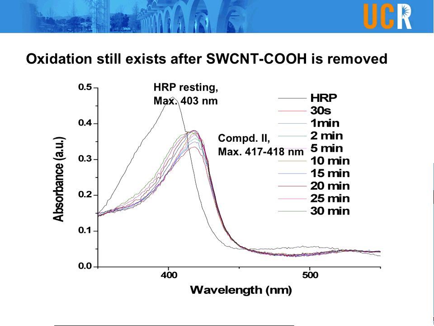And we filtered the solution, so all the carbon nanotube has been removed from the solution. This is the filtrated solution, and still this kind of oxidation effect exists. Actually the speed is much faster, so that we no longer detect compound 1, which is just an intermediate radical.